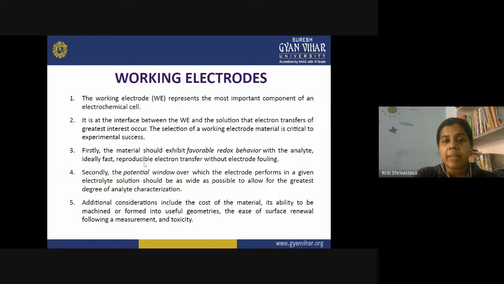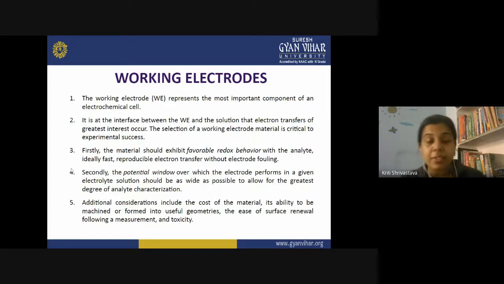So firstly, the material that is going to be used for working electrode preparation should exhibit favorable redox behavior with the analyte. So this point says that according to the analyte, you have to change your working electrode. The electrode material should have a preferable redox behavior when it comes to the analyte.